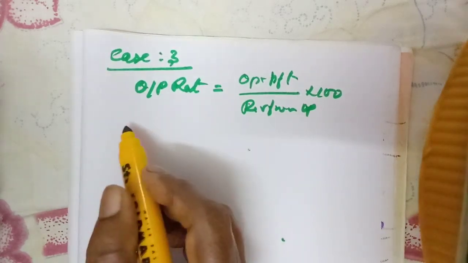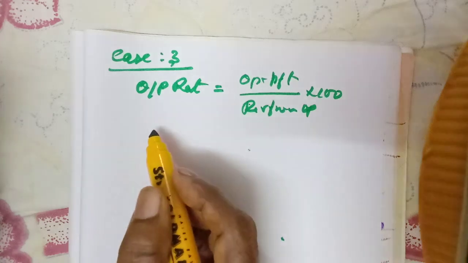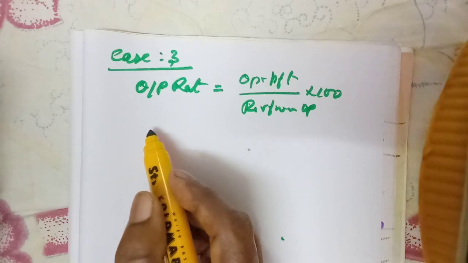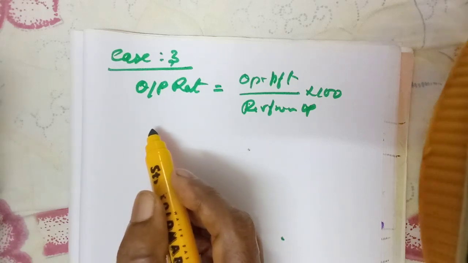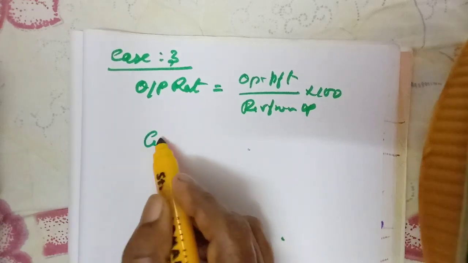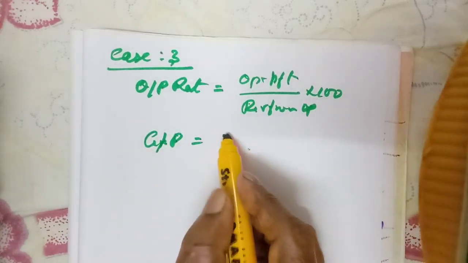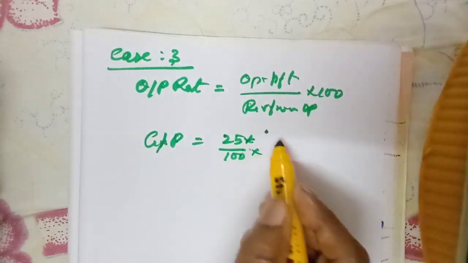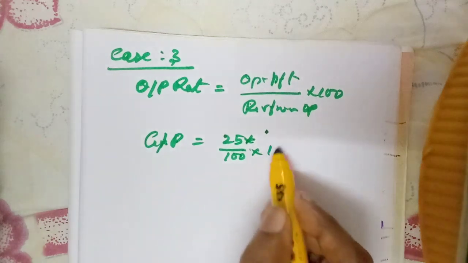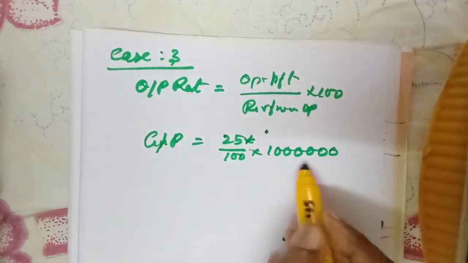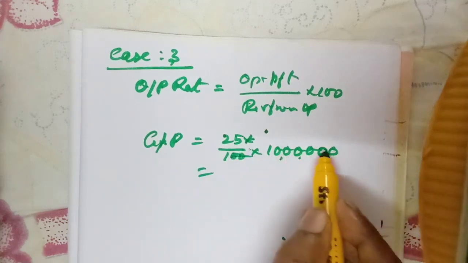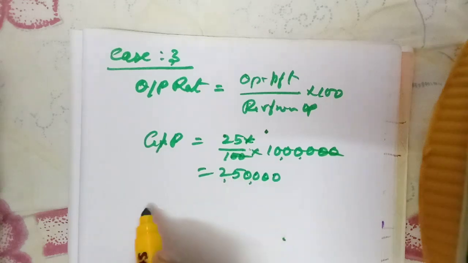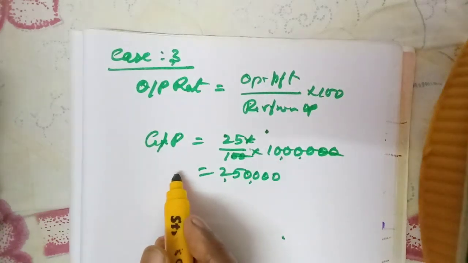First we will calculate the gross profit: 25% on revenue from operation, 25 by 100 into 10 lakh. So 2 lakh 50,000 is the gross profit.